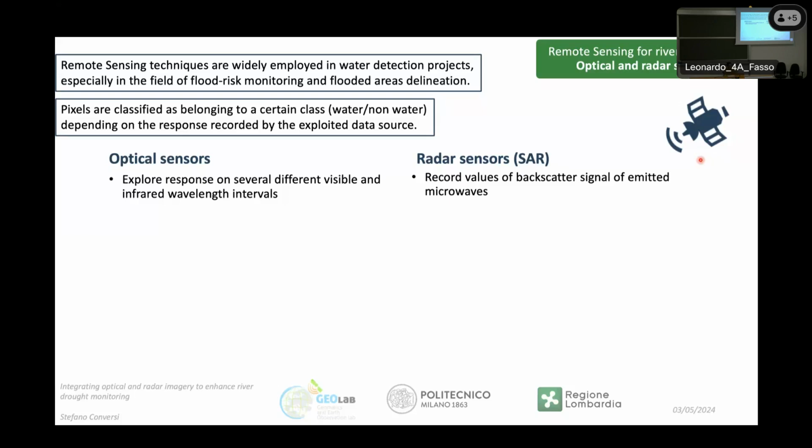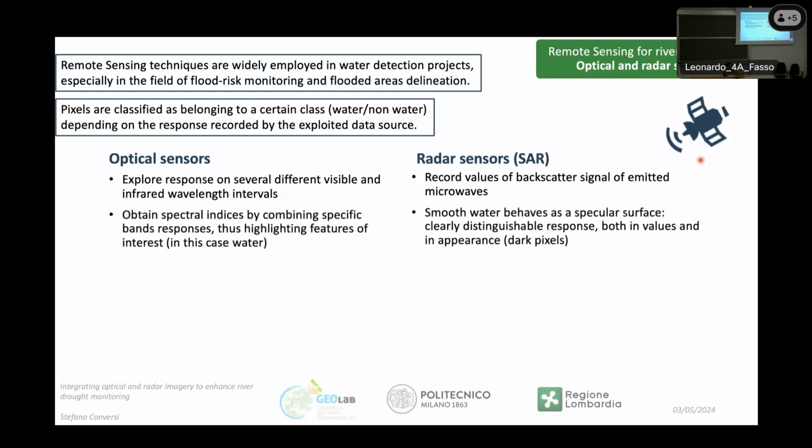In this case, we have an active one, in which we record the scatter value of the emitted microwaves. We can work with optical images by combining information on different bands in spectral indices, and then from these spectral indices we can try to highlight the water features and extract them.